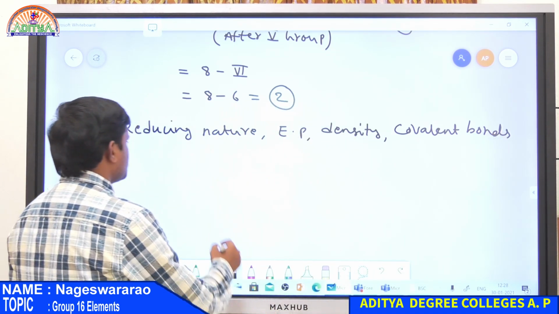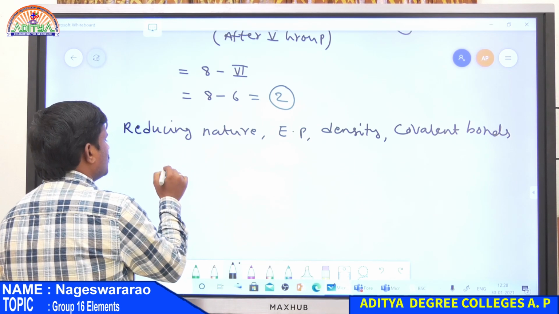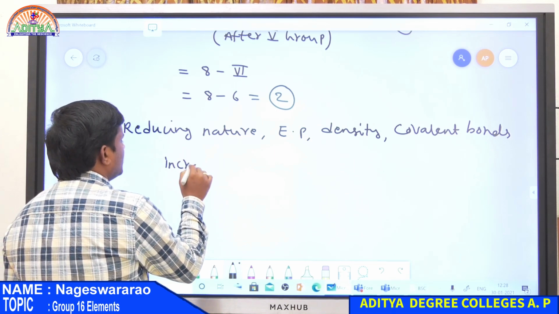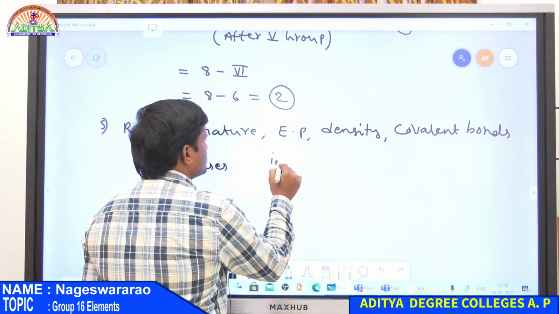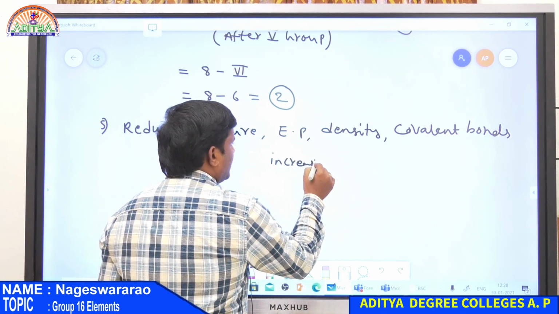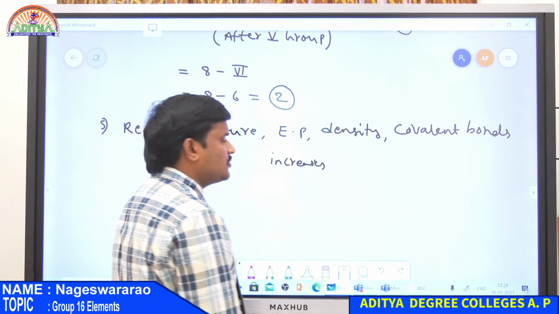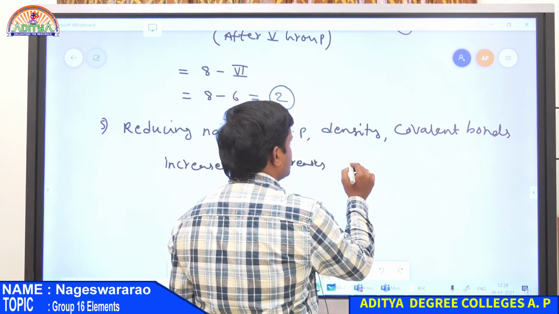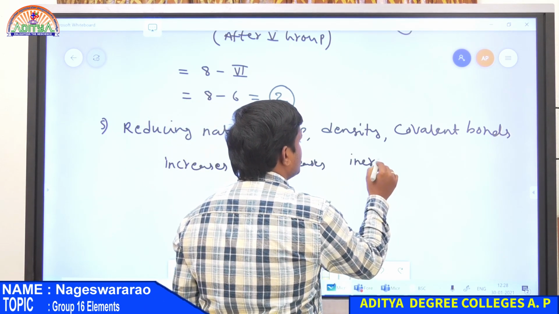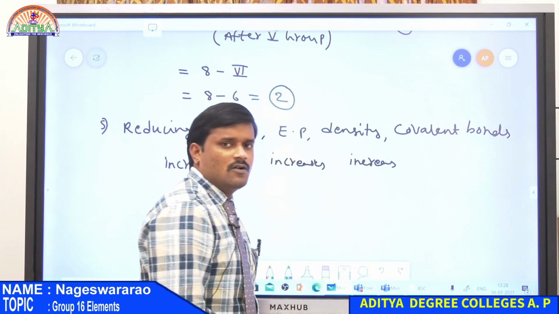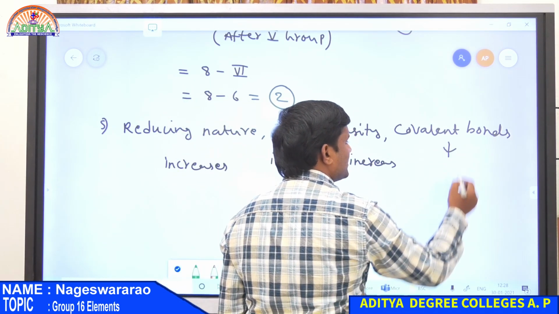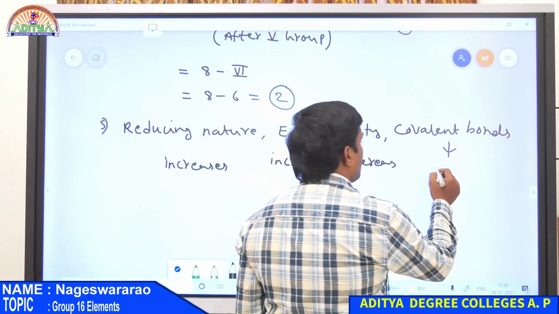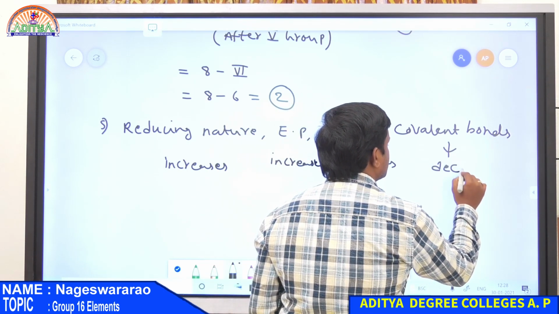In the case of reducing nature, from top to bottom, reducing nature increases and electropositivity increases. Density also increases due to increase in atomic size. Whereas covalent bond character, from top to bottom size increases, but covalent character decreases.